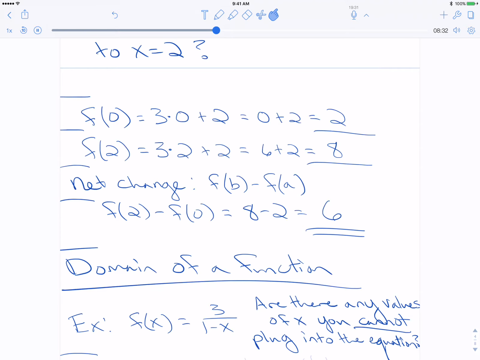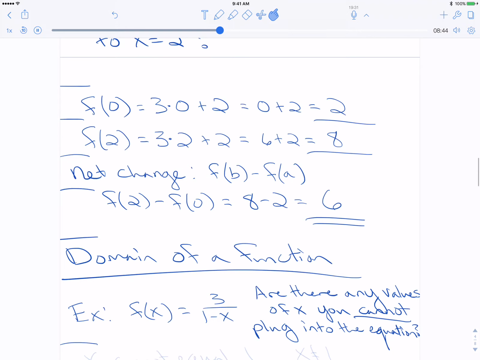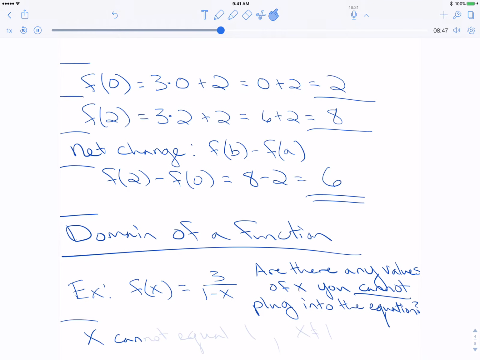And at some point you probably learned that you can't divide by 0. If you divide by 0, things blow up. It's very, very bad. So what we would do here is we would determine that x cannot equal 1. So I have to exclude, if I write that mathematically, x not equal to 1.